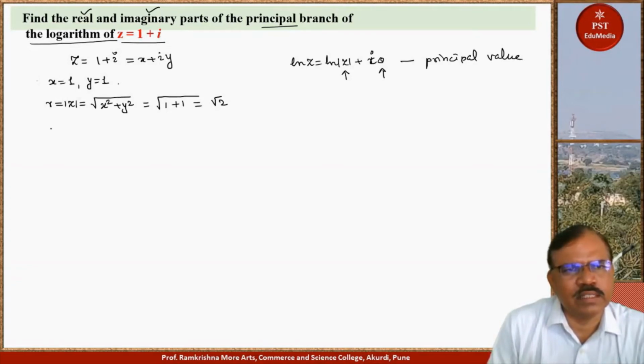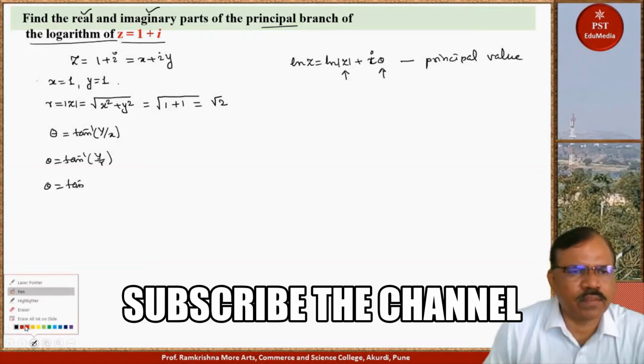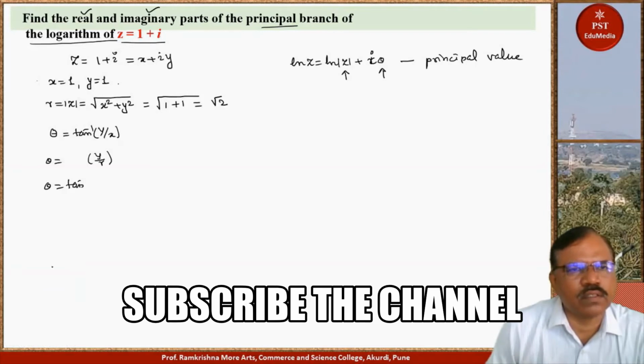The argument of z, that is theta, is given as theta equal to tan inverse y by x, or you can take theta equal to sine inverse y by r, or theta equal to cos inverse x by r.